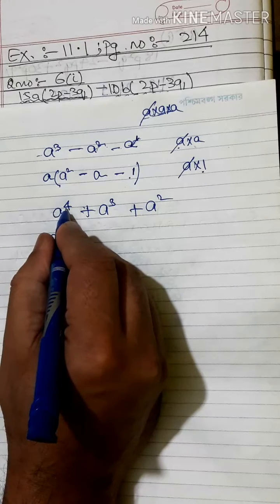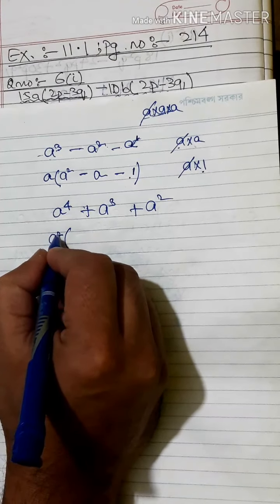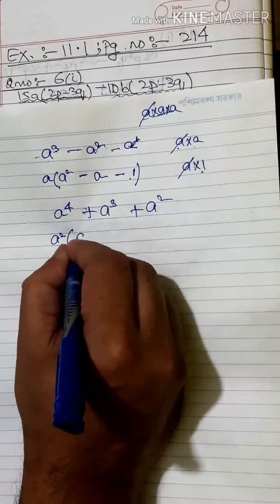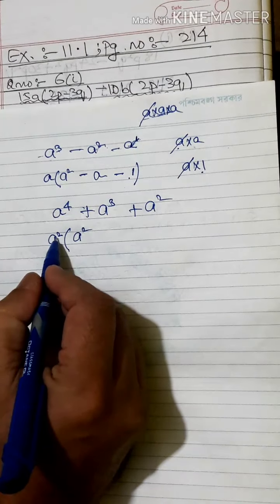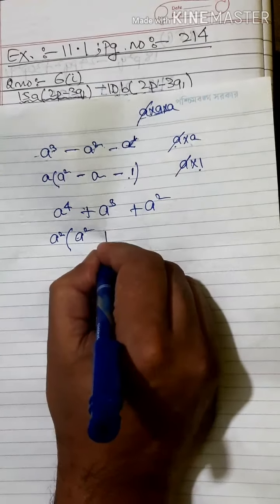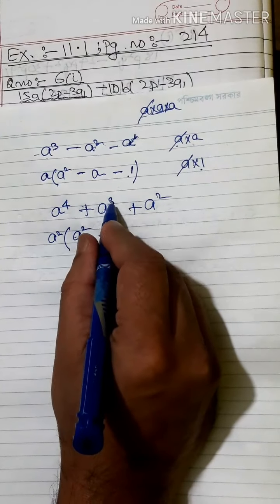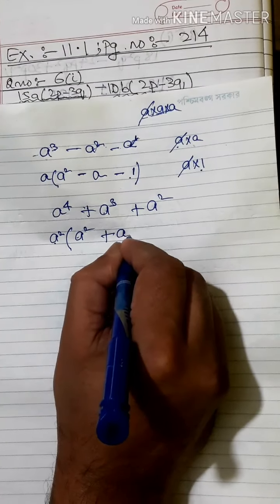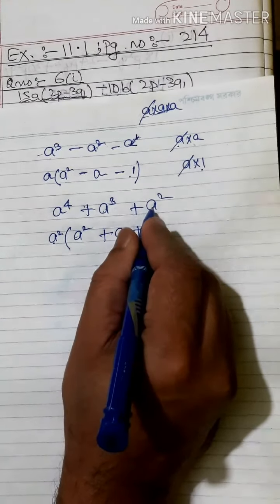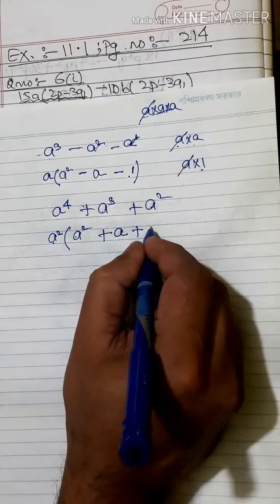Out of the a to the power of 4, if we have taken a square common, a square is left over. Out of 4, we have taken 2 common, so a square, plus out of the a cube, we have taken a square common, so a is left over, plus out of the a square, you have taken the a square common, so 1 is left over.